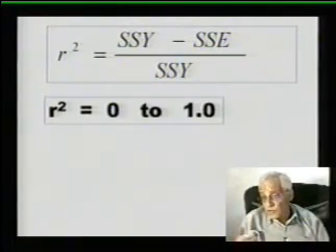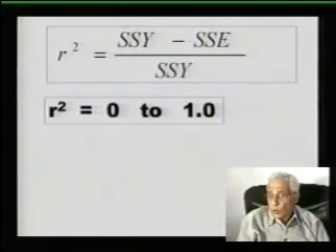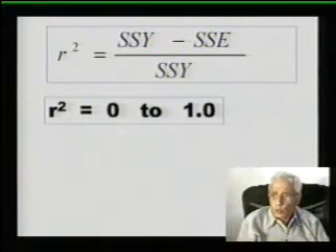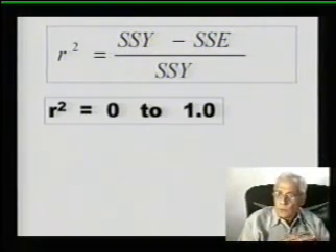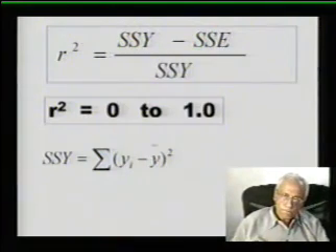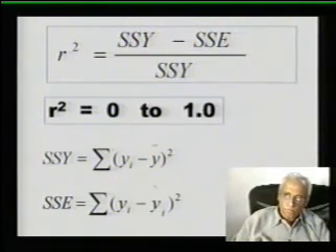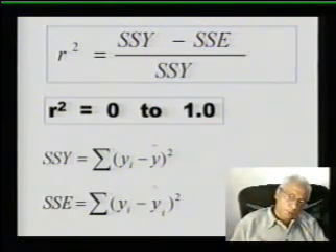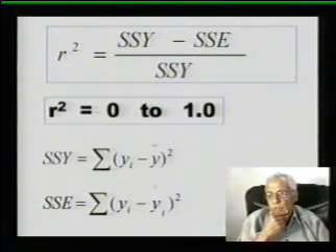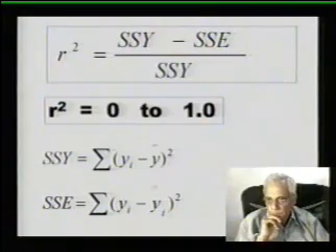Since R ranges from -1 to +1, going through 0, the R squared mathematically will range from 0 to 1. With 0 meaning zero contribution, and 1 meaning perfect contribution of X to Y. So this slide here summarizes everything that we need to know about the coefficient of determination.